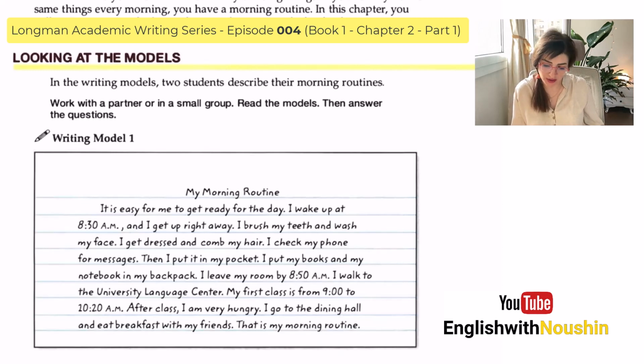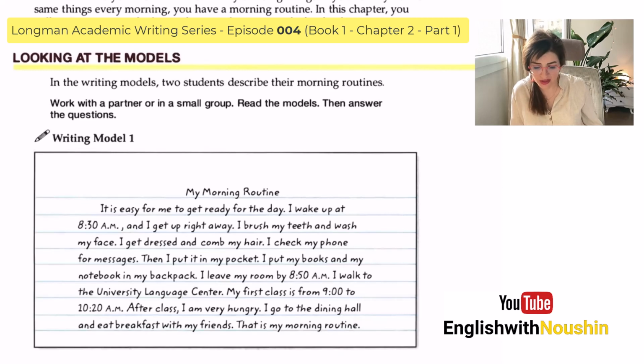My morning routine. It is easy for me to get ready for the day. I wake up at 8:30 a.m. and I get up right away. I brush my teeth and wash my face. I get dressed and comb my hair. I check my phone for messages. Then I put it in my pocket.